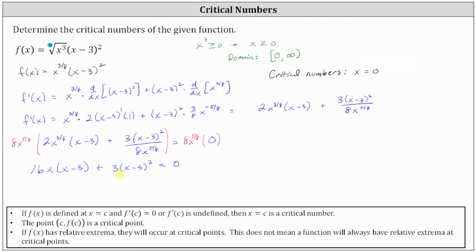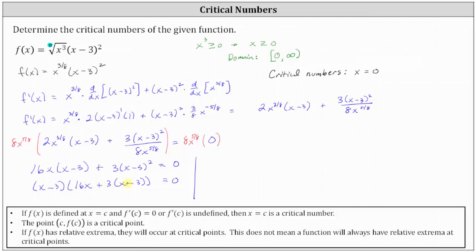For the next step, let's factor out the greatest common factor from the two products, which is x minus 3. So we factor out x minus 3. Notice how we're left with 16x and then plus 3 times 1 factor of x minus 3 equals 0.